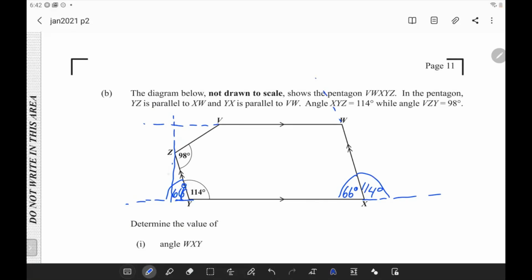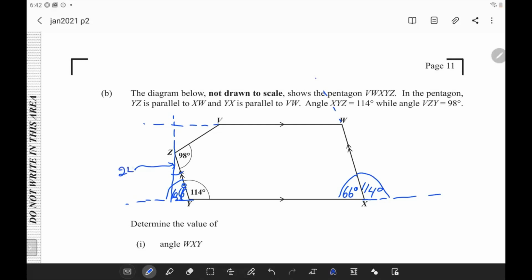That would imply that this angle here, because this is 90 because of construction, we constructed a perpendicular. We need 66 plus something to give us 90 because we already have 90 to add up to the 180. And that will be 24.